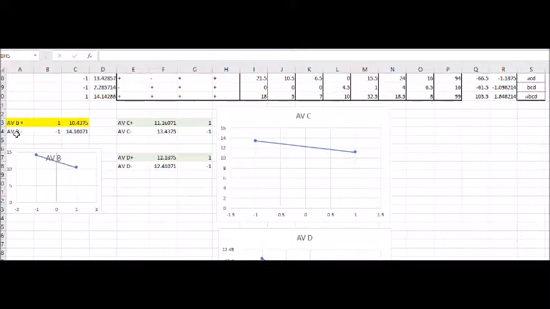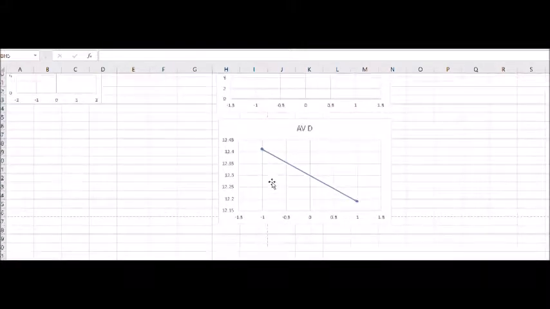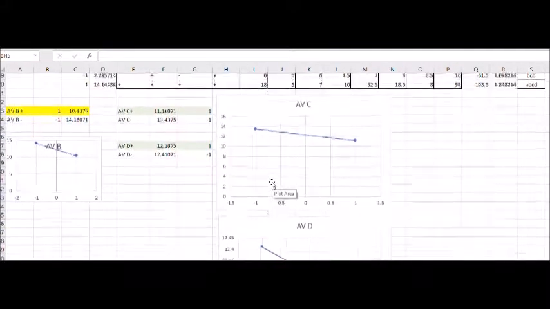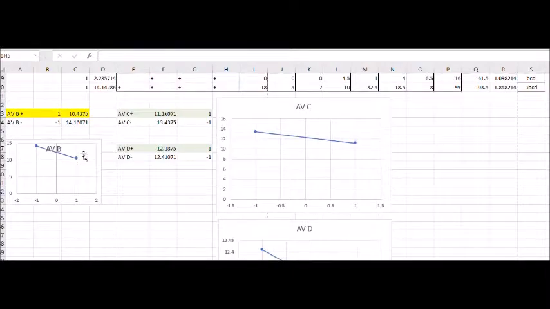So here is the average of B in high and B in low, and the best is when we have the high level. The average of C is best in high, and D is also best in high. It's where the distance is smaller.